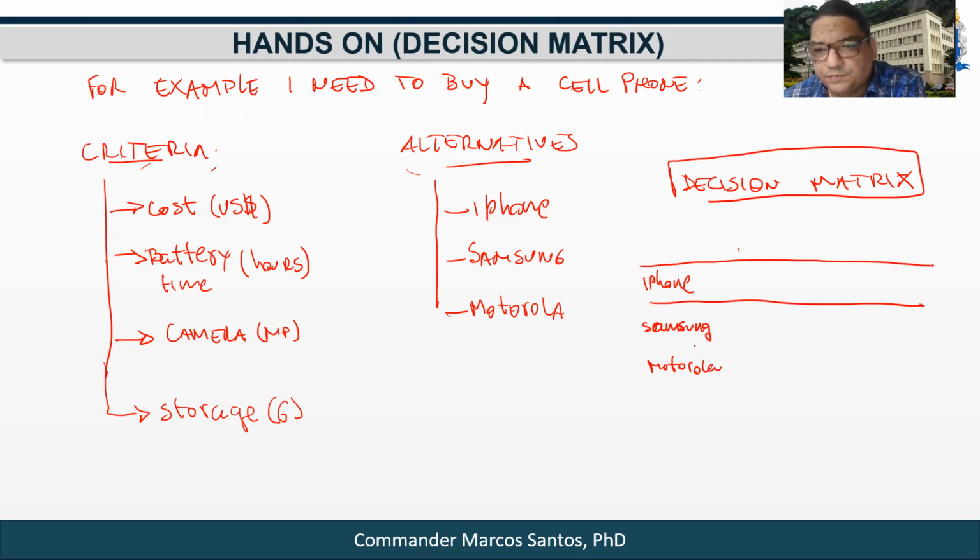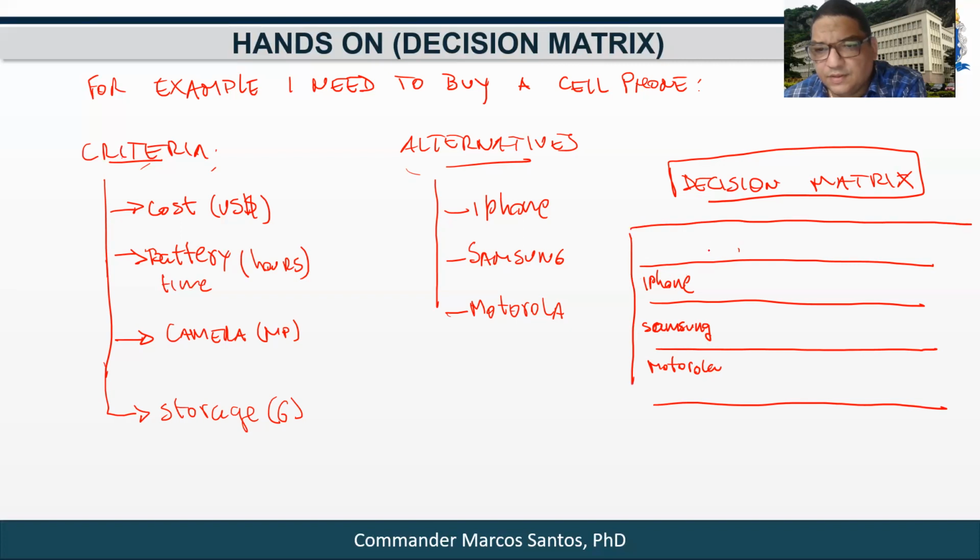And in columns, I have cost, for example, iPhone, $800, Samsung, $700, Motorola, $450.